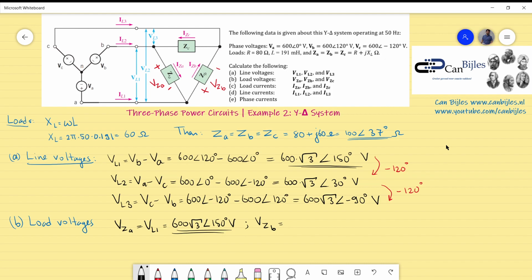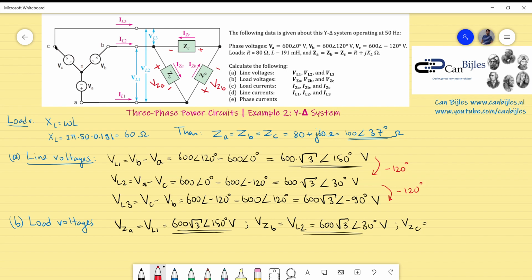So we can just copy the VL2 we already calculated, which is 600 times square root of 3 with phase of 30 degrees. That's for this one. And for the load voltage for load Z of C, again, this is the plus and this is the minus due to the orientation of the current.